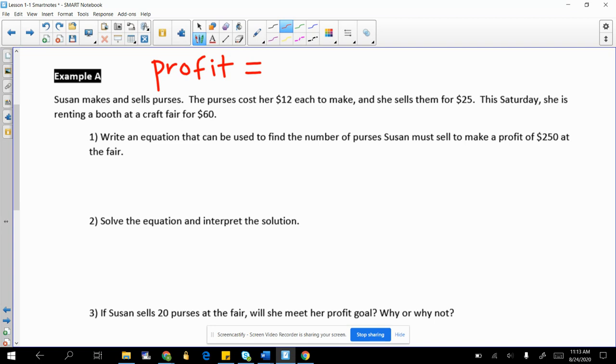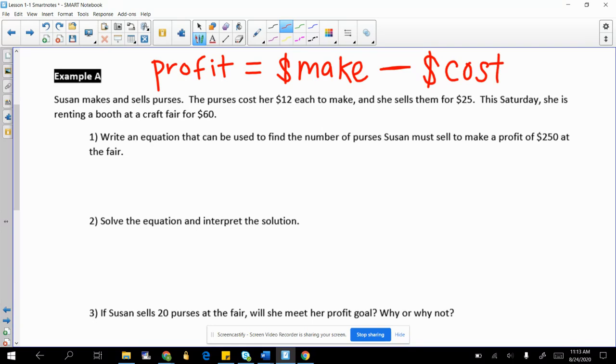Your profit is going to equal the amount of money you make or you earn by selling purses, let's say in this case. But you also have to subtract the cost or the amount of money it costs to make these purses.